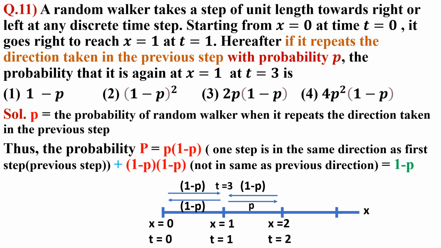Thus the probability P equals p(1 minus p), where one step is in the same direction as the previous step and one is in the opposite direction, plus (1 minus p)(1 minus p), not in the same direction as the previous step, which gives 1 minus p. Option 1 is correct.